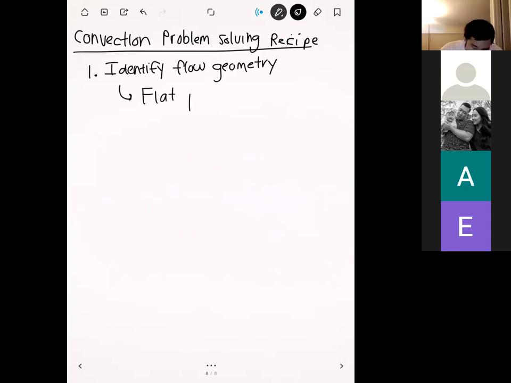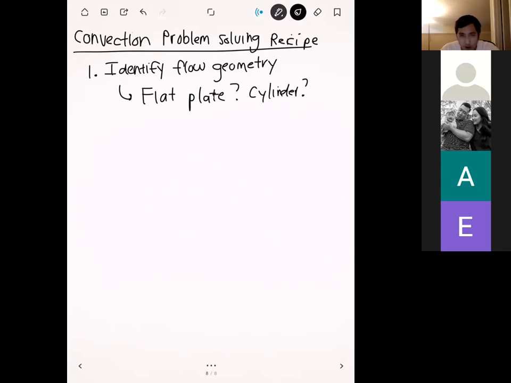Okay. And so when you're identifying the flow geometry, all I need is just a word or something. One option would be flat plate, which is what we have been doing. There's also cross flow over a cylinder, which is what we'll go over later today. Okay. And there are even Nusselt number correlations for everything in between.